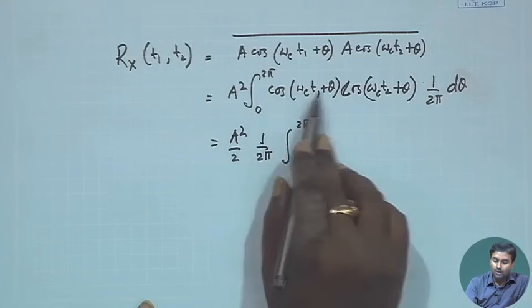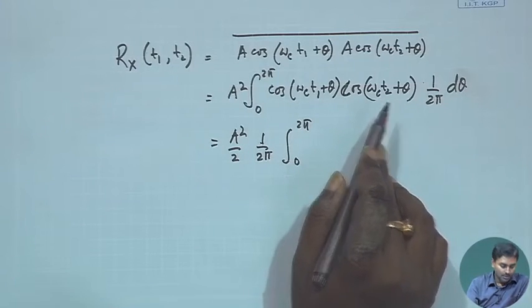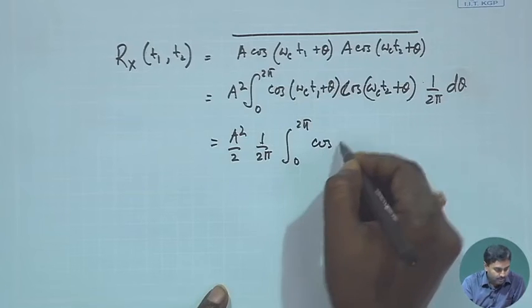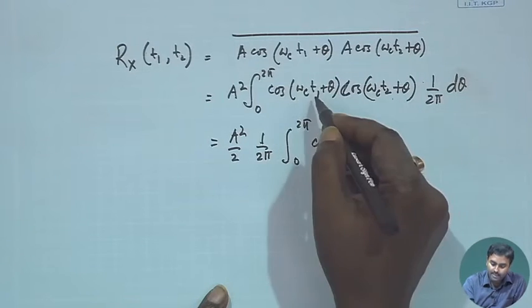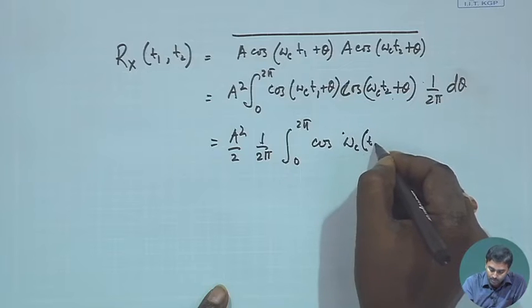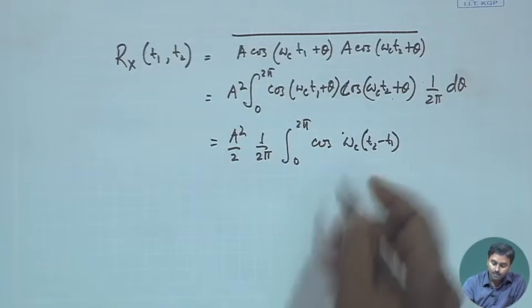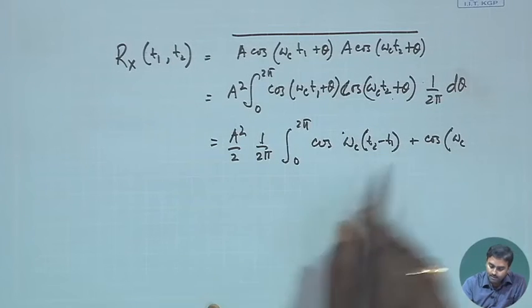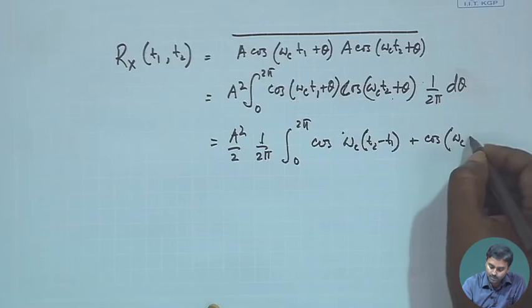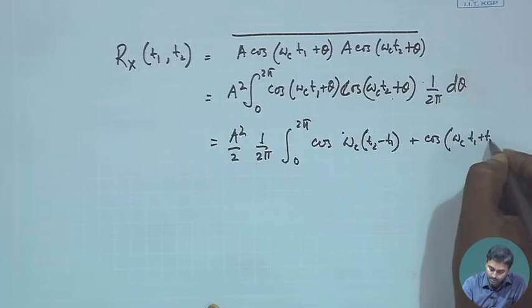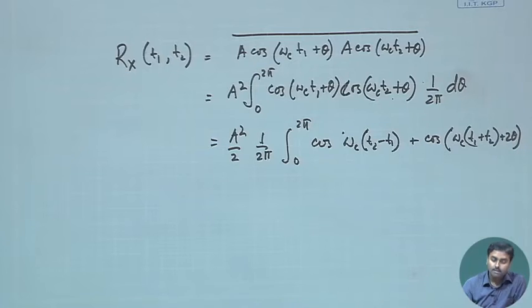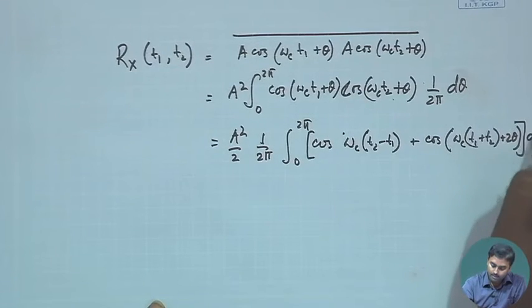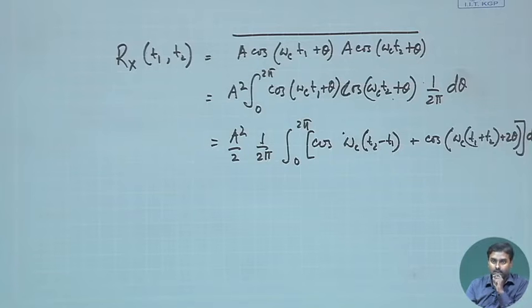So, now this will be 2 cos A into cos B. So, I can write that as cos omega c, this minus this, theta gets cancelled. So, that will be T2 minus T1 and plus cos omega c, this plus this, so which should be omega c T1 plus T2 plus 2 theta, right. So, this whole thing d theta. So, we are just doing the ensemble average, nothing else.